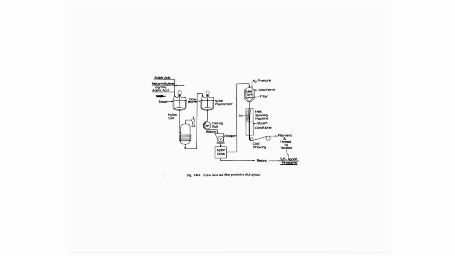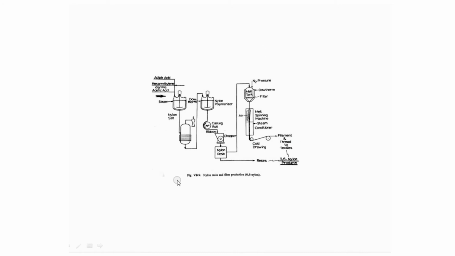If we are interested in making threads or fibers, then this nylon resin is sent to a melter where the chopped pieces of nylon 6,6 or 6 nylon are remelted under nitrogen pressure, and then made to pass through a small spinneret machine where air is used as a medium for drying the filament, and this filament is continuously wound and taken out for the textile industry.